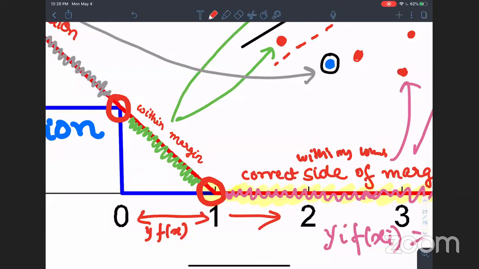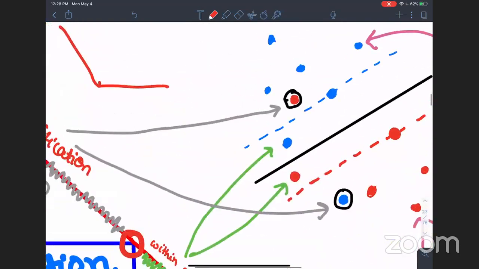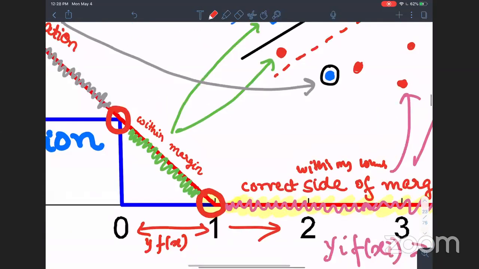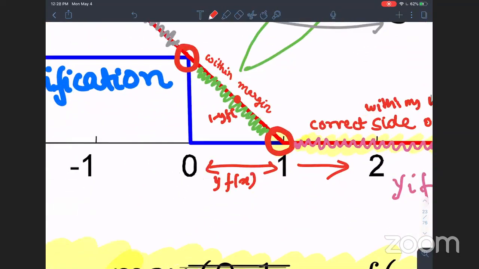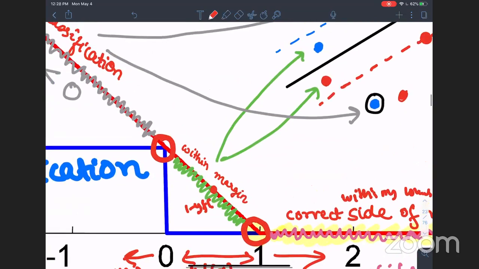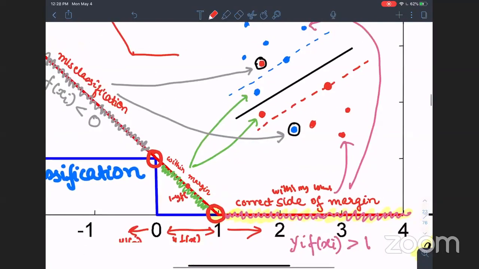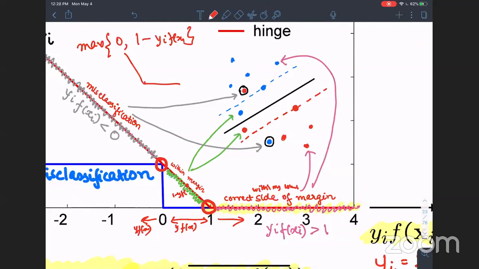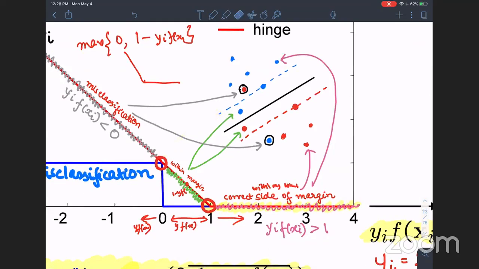So I'm going to accumulate my loss. That loss would now be 1 minus yi/fxi, for any point here. As you move into the negative space on the x-axis, yi/fxi, see what has happened. This was the point for this one, and that's the black line.